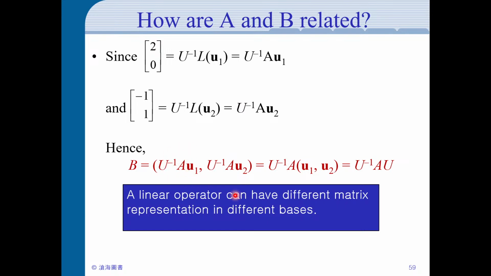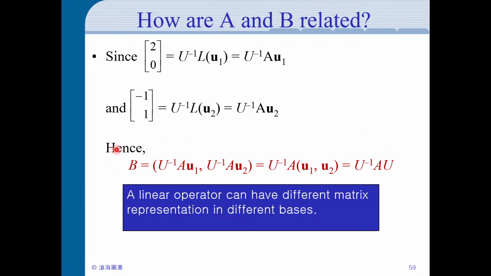So U minus 1 AU1, U minus 1 AU2. But then you can think of this by linearity, and you can take the U minus 1 A out. So it's U minus 1 A on the matrix with U1 as first column, U2 as second column, and that matrix is just U. As I said, this is really just what this equation is about.